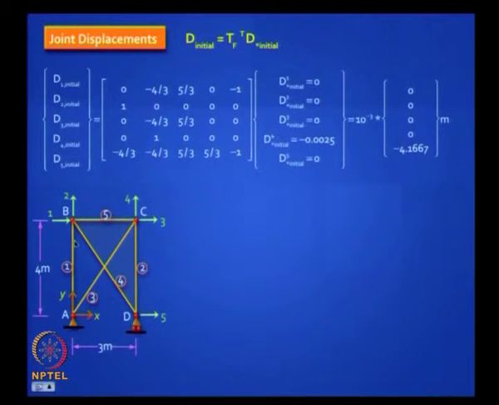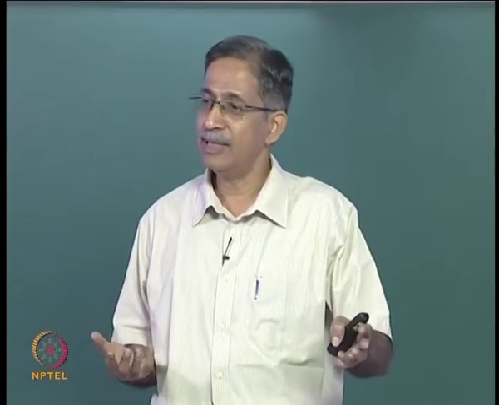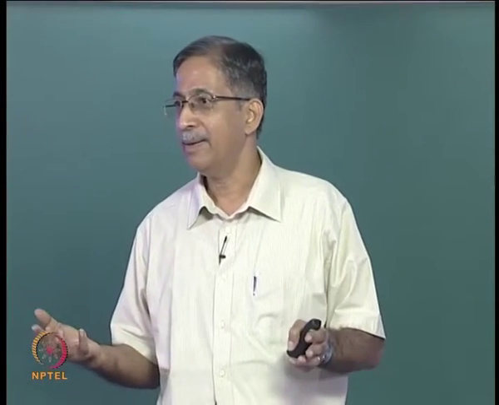That means the lack of fit in bar 4 is causing a movement of the joint D, all the others D1, D2, D3, D4 are 0. But the beauty about this particular transformation is, let all the bars have arbitrary lack of fit, minus 3 mm, plus 2 mm, I will get the final answer without worrying about the geometry just by pre-multiplying.